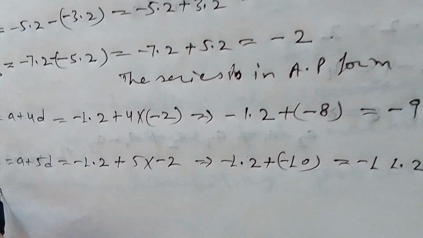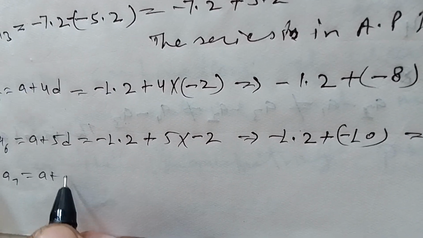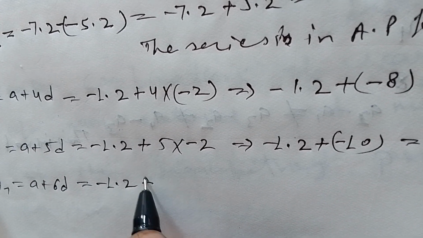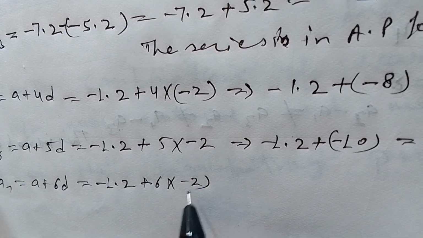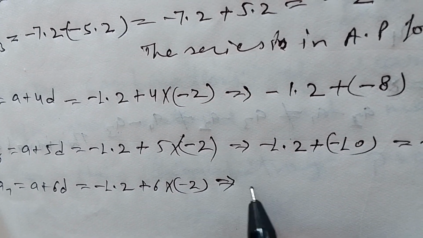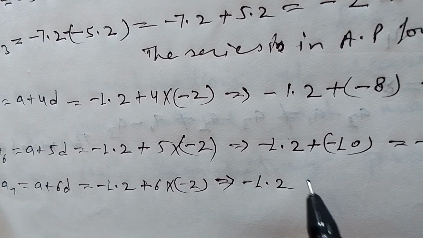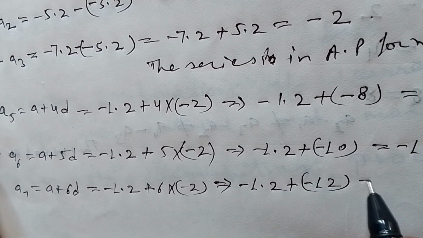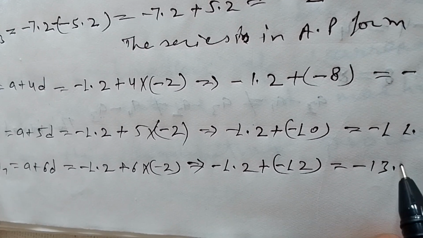And A7 is a plus 6d, that comes out to be minus 1.2 plus 6 multiplied by minus 2, equal to minus 1.2 plus minus 12, that comes out to be minus 13.2.